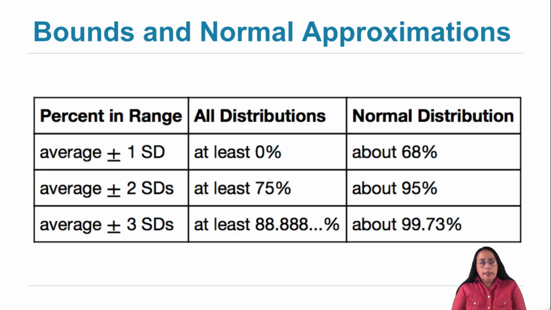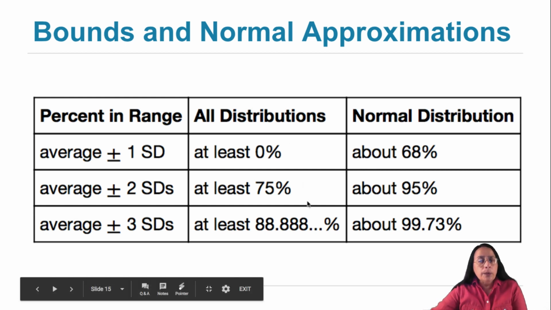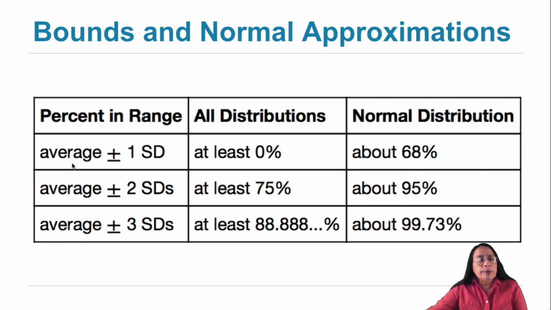And you have approximations for other values of z. This table compares Chebyshev's bounds that are valid for all distributions with approximations for normal distributions. What percent of a distribution is in the range average plus or minus 1 SD?